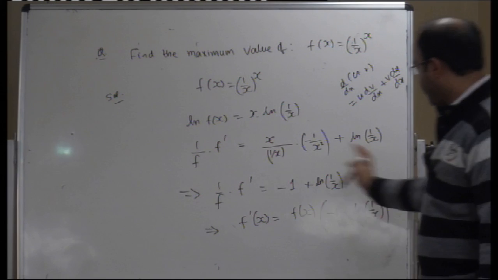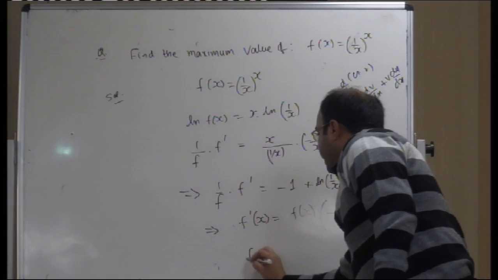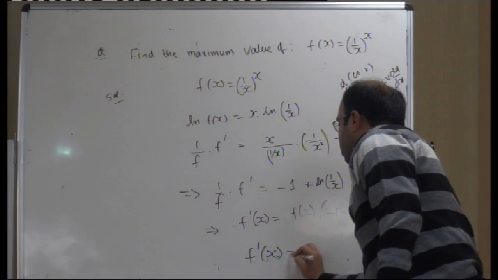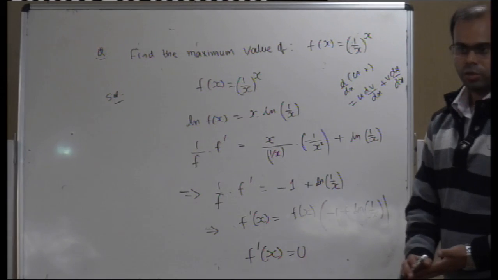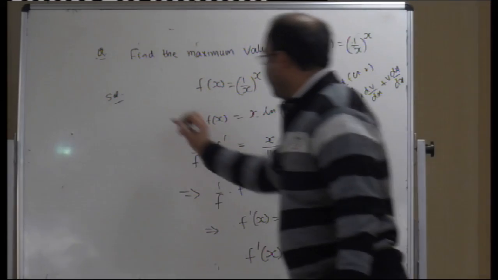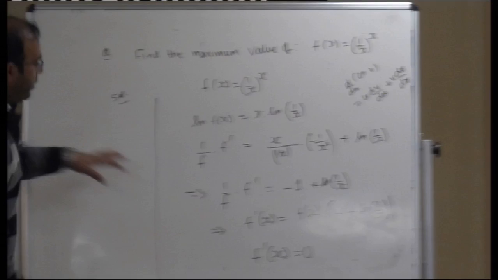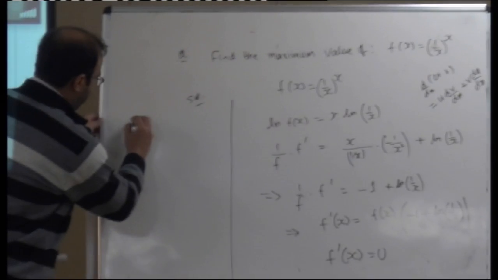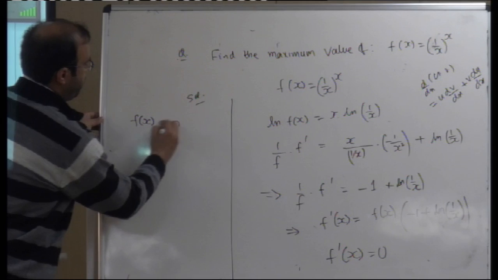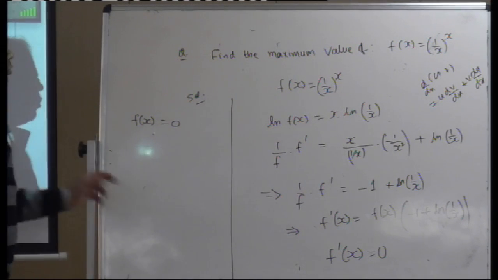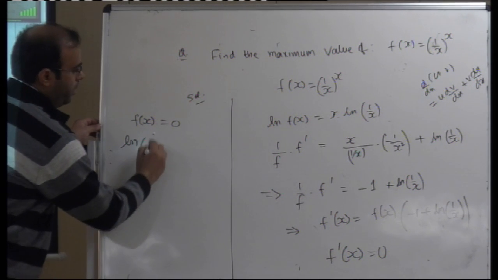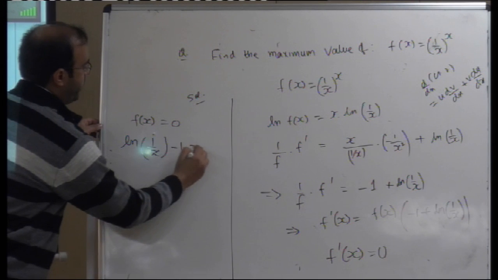Now what we have to do is equate this derivative to 0, as we usually do in the case of maxima and minima. When we equate it to 0, what will happen? Either f(x) equal to 0 would be the case. We have actually equated f dash x to 0. So either f(x) is equal to 0 or ln of 1 by x minus 1 equal to 0.